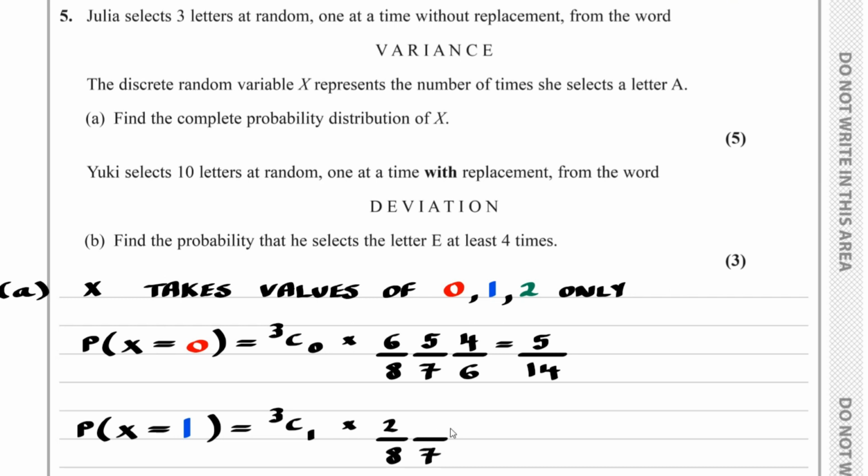How many of them do not have an A? Well, I've got 6 of them which do not have an A. And for my next pick, I've got 6 letters remaining. Of those remaining, how many do not have an A? That's 5 of them. So working this out, we get 15 over 28.